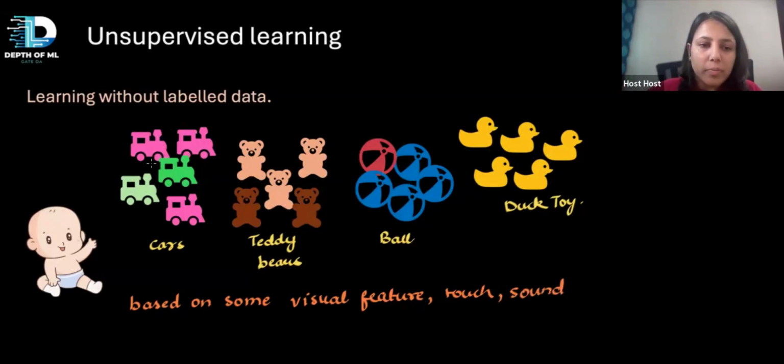Maybe this particular car, when it runs, makes some noise. And this ball, the characteristic is shape. So a lot of features we are able to recognize, and we start developing this very early on, right?